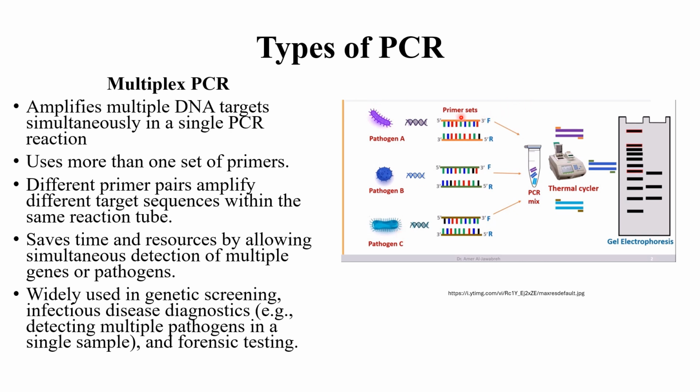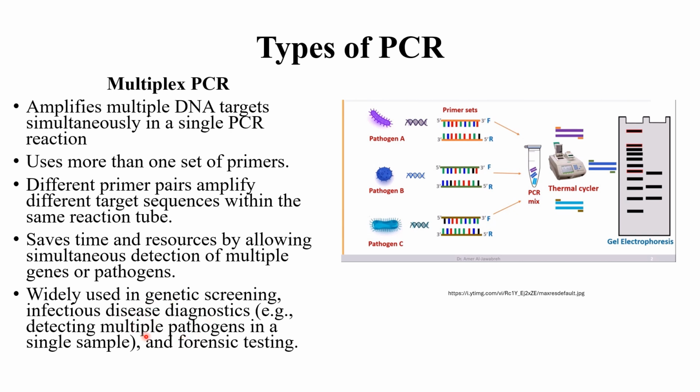So we have primer sets that are specific for gene sequences in each of the pathogens. When the primers are added and we amplify the DNA that is present, through gel electrophoresis, we are able to identify if we have amplified DNA of pathogens A, B, and C present in the sample. So multiplex PCR is used widely, as we said, in genetic screening for infectious diseases.